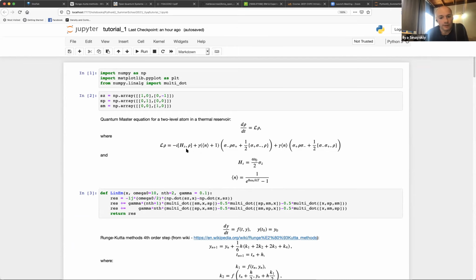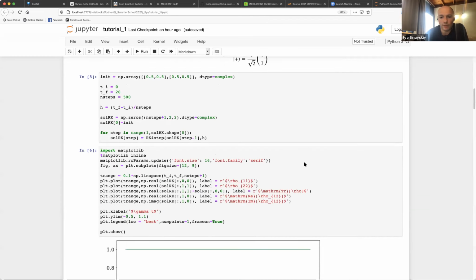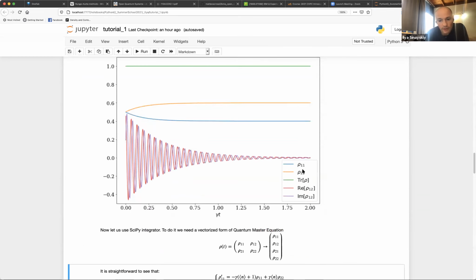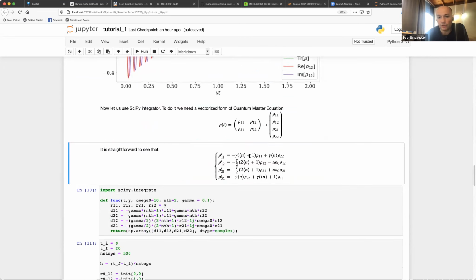Instead of sigma z, you substitute this matrix, and the same for sigma plus and sigma minus, and you just do the brute force calculations. After you calculate it, you get a 2 by 2 matrix from which you can identify the right side of the equalities. And if you do it correctly, you get 4 equations like this.